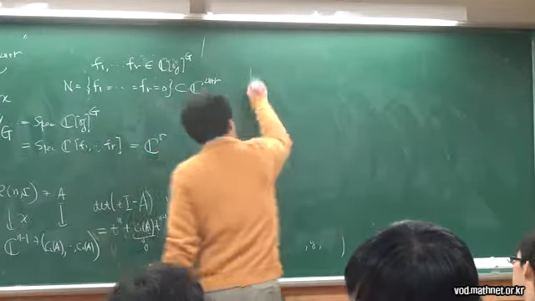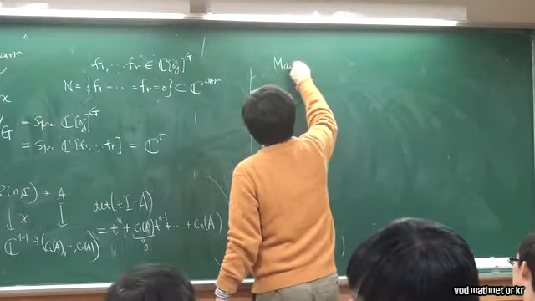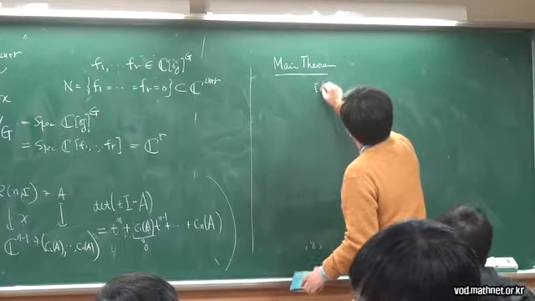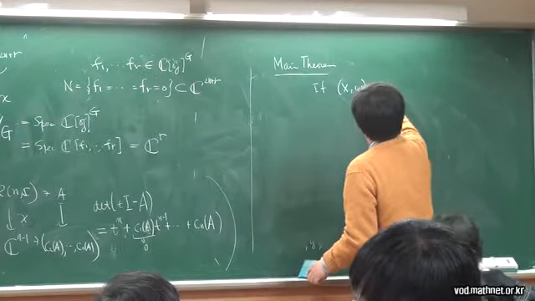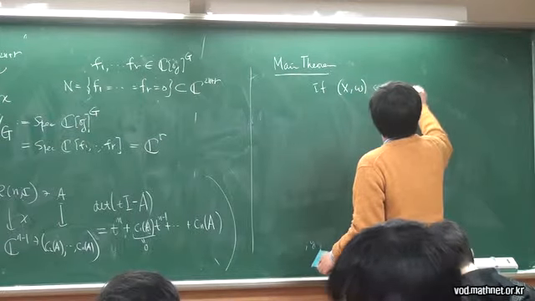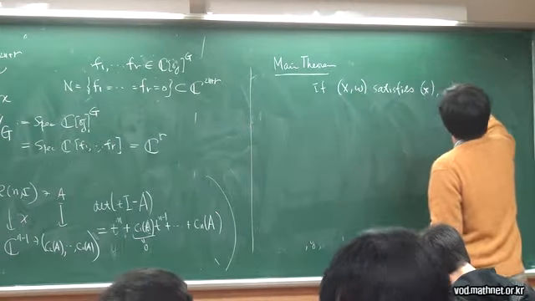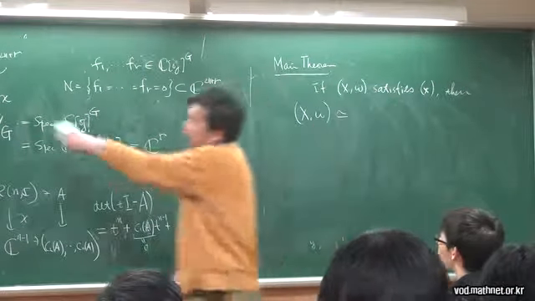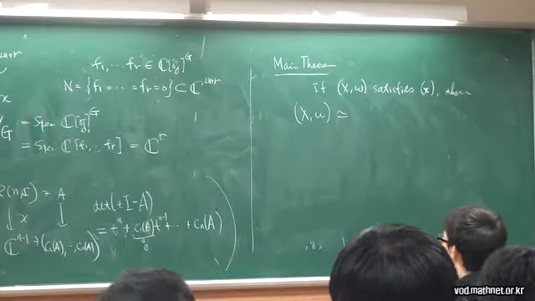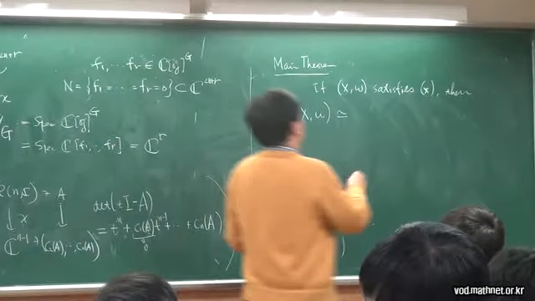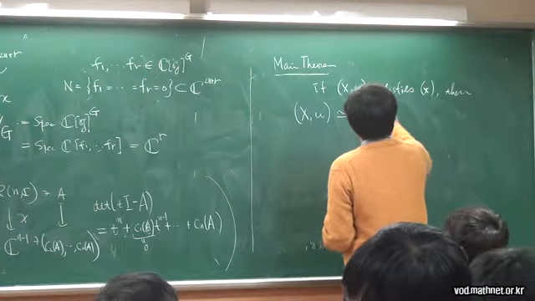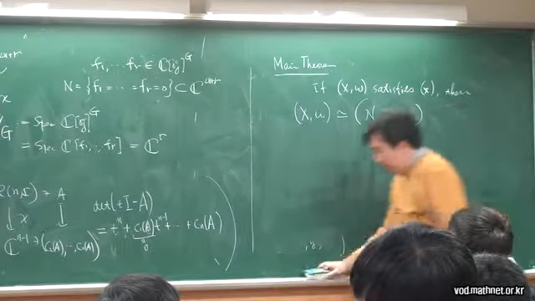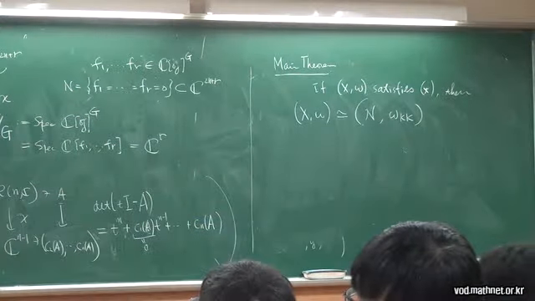The main theorem is: if (X, omega) satisfies star, then (X, omega) should be a nilpotent variety for some simple Lie algebra, with omega the constant Kirillov form. This is the main result. I want to explain this in the series of lectures.